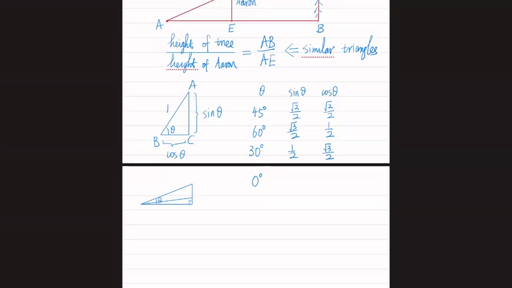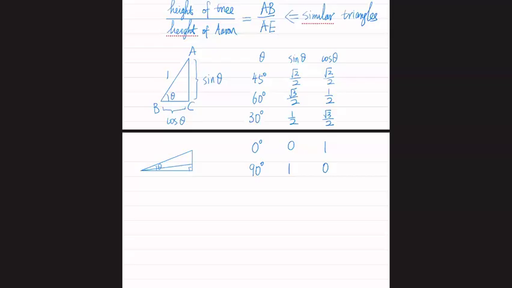So sine 0 is 0. But cosine 0, this side will have approximately the same length as the hypotenuse, which is 1. Okay, I'm just explaining why. So then at 90 degrees we swap because the complement will be 90, so it will be 1 and 0. Okay.